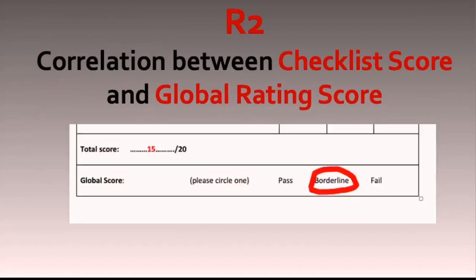The global rating score is the one given by the assessor to give a general idea about the performance. It is a bit subjective, but it is his or her view on the performance of the candidate as a whole, in a holistic manner, while the total score is just the checklist score. A good correlation should be more than 0.5.